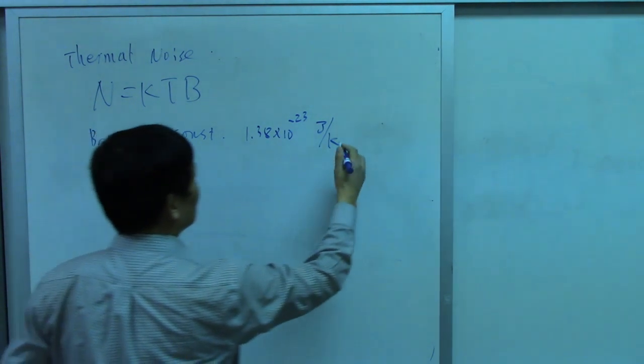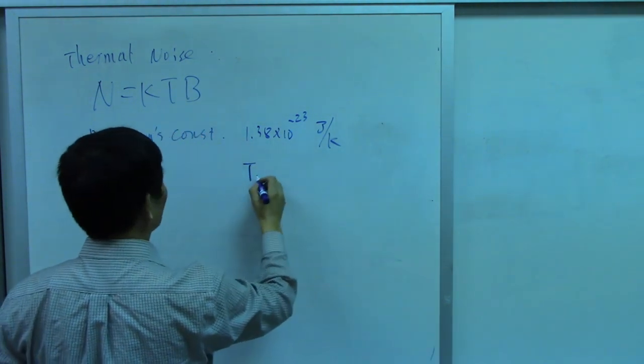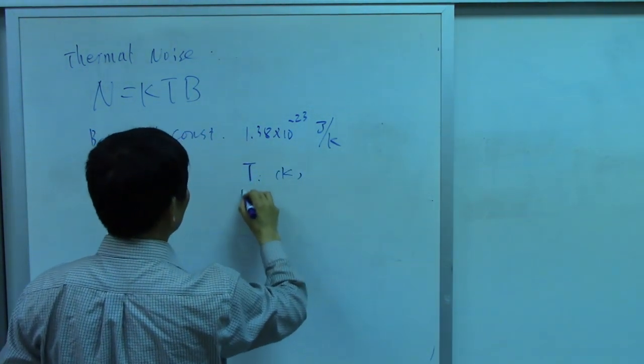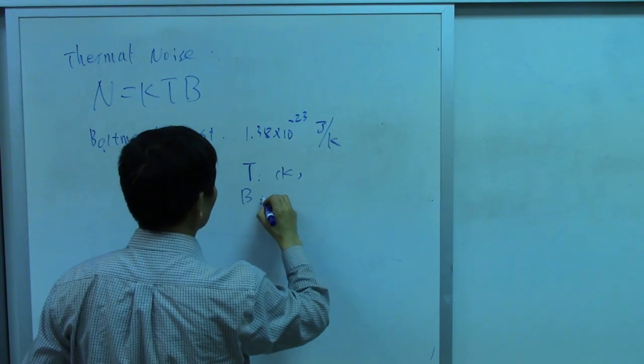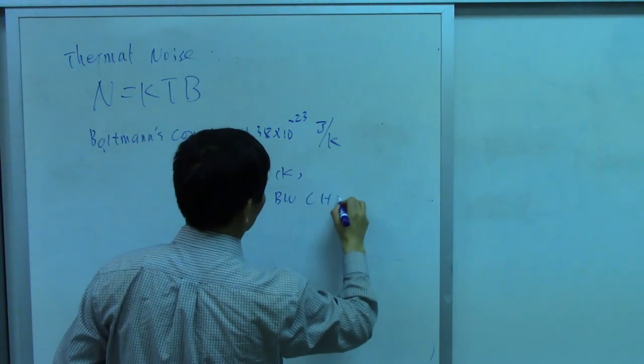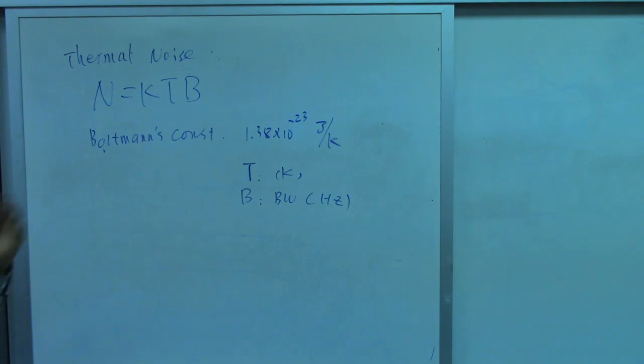T is the temperature in Kelvin, and B is the bandwidth in Hertz. So we multiply all these three, then we get the power, the noise power.